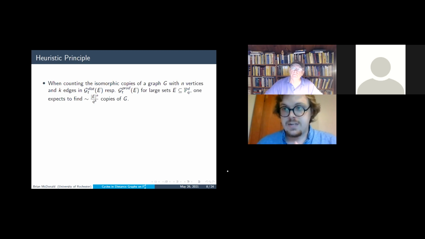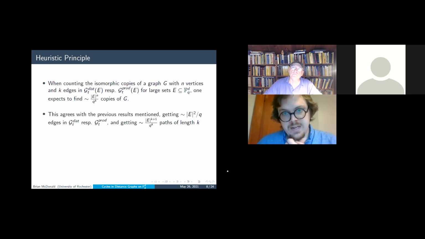And for each edge, you have a probability of 1 over q of having the right distance if you choose them randomly. Now, once again, for small sets, there's no reason to expect something like this to happen. But yeah, for large sets, this is the heuristic. And this agrees with the previous results we have.